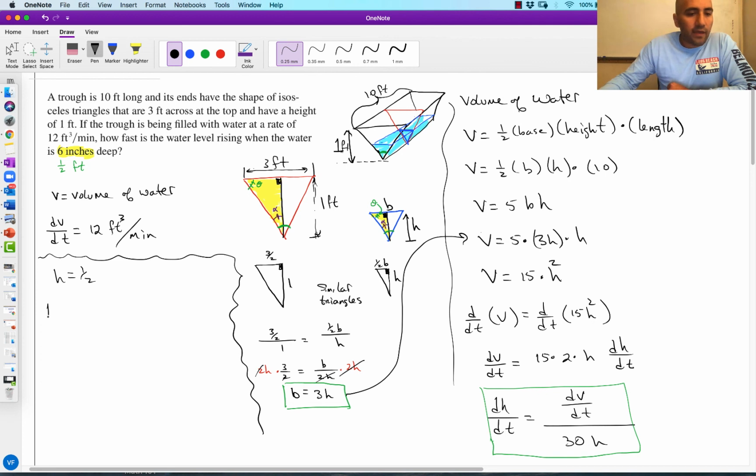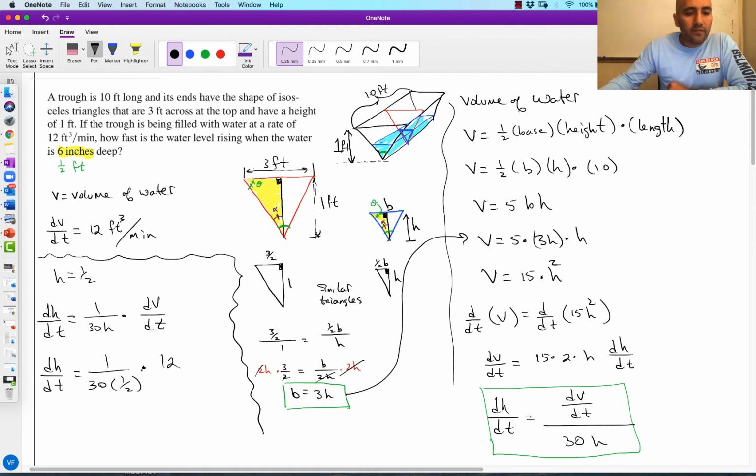And so we have dh/dt, which was equal to, it looks kind of ugly like that, so I'm going to rewrite it as 1 over 30h times dV/dt. Same thing as that. And so now dh/dt is equal to 1 divided by 30 times 1/2 times 12.